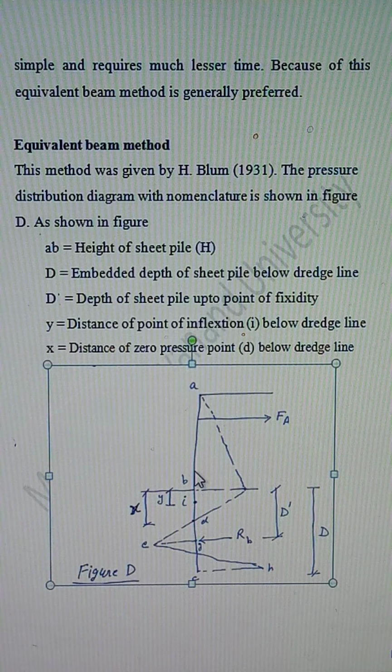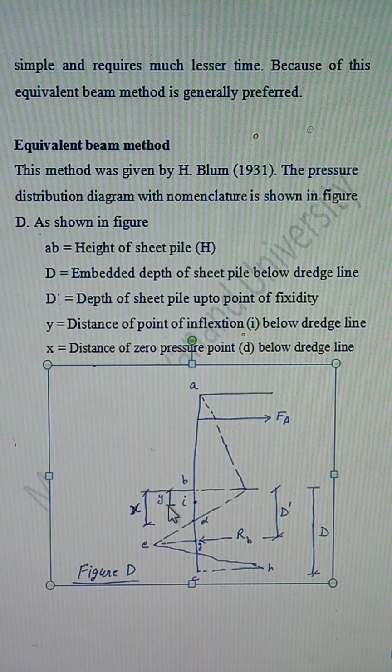The pressure distribution diagram is shown where ABC is a sheet pile, AB is the height of the sheet pile, D is the embedded depth of the sheet pile below the dredge line, and D dash is the depth of the sheet pile up to the point of fixity, that is G. Small y is the distance of the point of inflection, and small x is the distance of the zero pressure point.